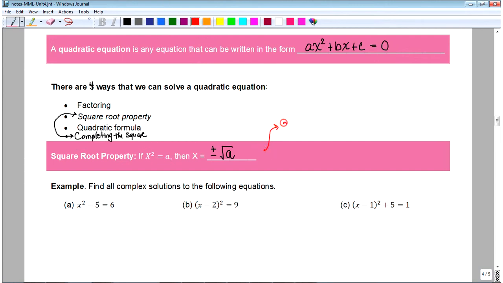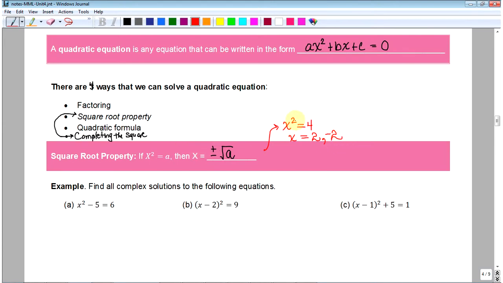So let's say that we had x squared is equal to 4. So this expression is saying when I square some number, the result is 4. Well, what number can we square that's going to give us 4? Well, we know that 2 would work out, but also if we square negative 2, it becomes positive, so negative 2 is also a solution.